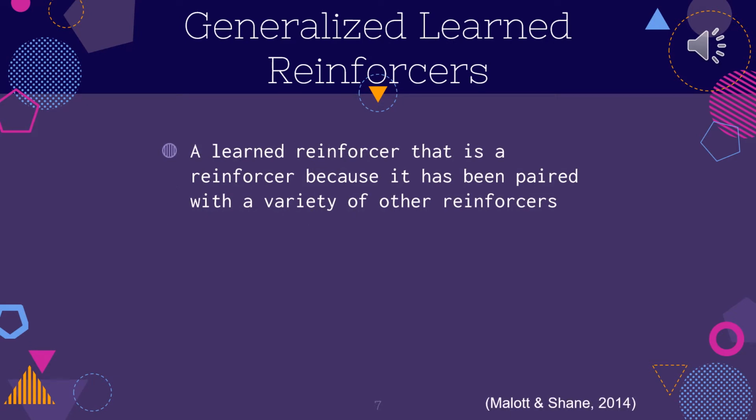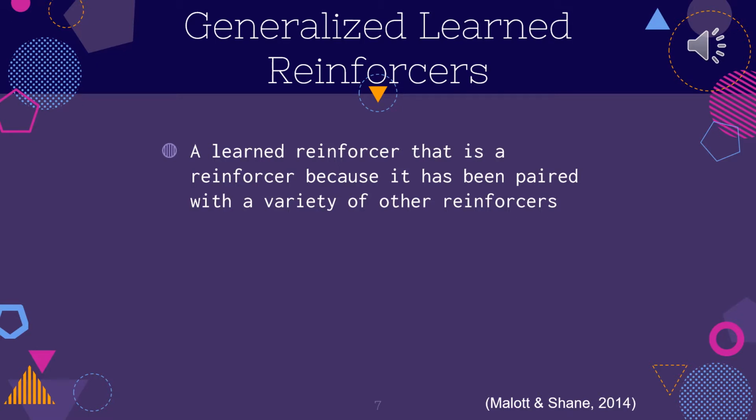Token economies involve generalized learned reinforcers. Malott and Shane define these specific reinforcers as a learned reinforcer that is a reinforcer because it has been paired with a variety of other reinforcers. Unlearned reinforcers are ones that require no pairing. Some examples would include food or water.